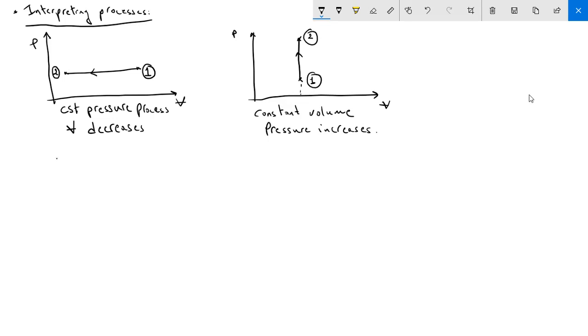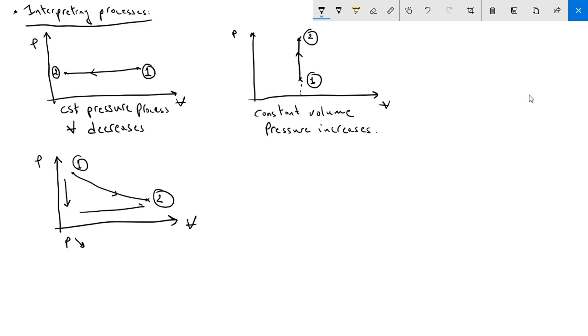Another example is, for example, we have state 1 here and state 2. In this process, the pressure decreases while the volume increases. So, like an expansion process, where the pressure decreases and the volume increases.